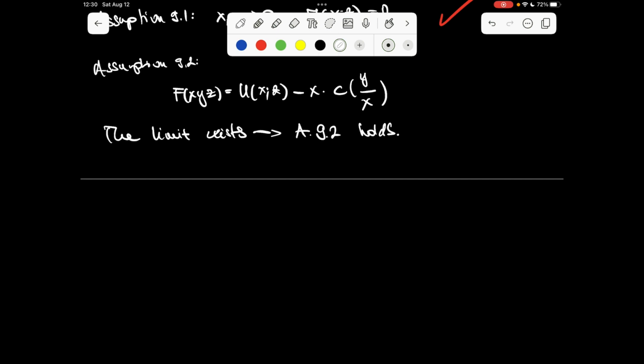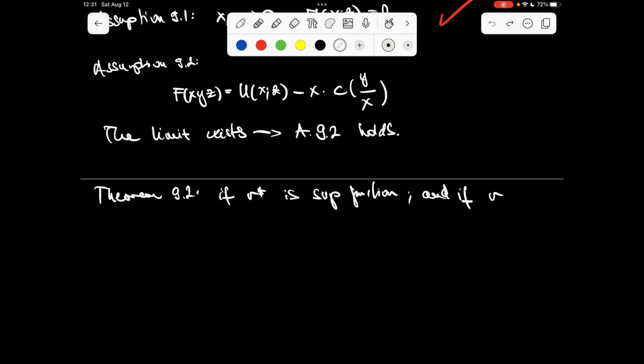According to theorem 9.2, if we have the supremum function in the sequential problem, and if it solves the Bellman equation, then the two functions coincide, and the optimum plan, which we receive by solving the Bellman equation, attains the supremum in the sequential problem.